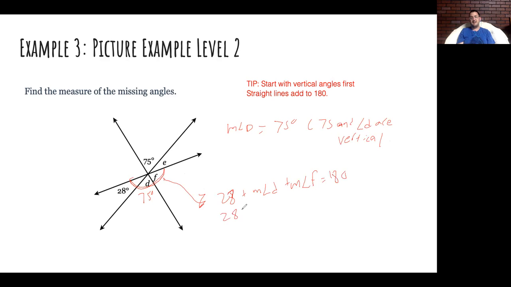And I know that D is 75. And I have 28 plus 75. So that's going to be 103 degrees plus measure of angle F equals 180. Subtract the 103 from both sides. And this is going to be 77 degrees.